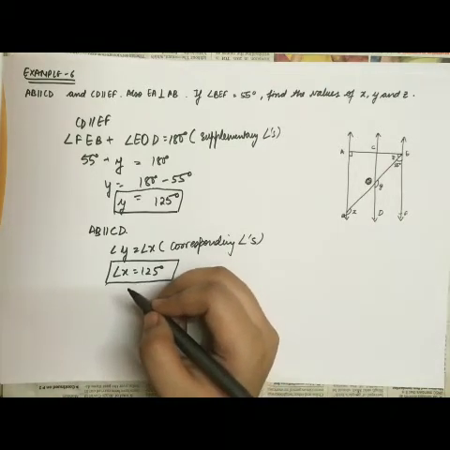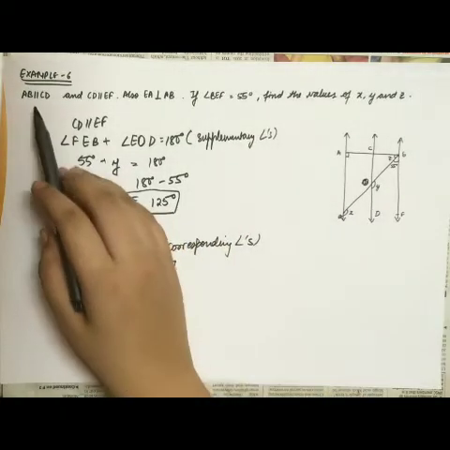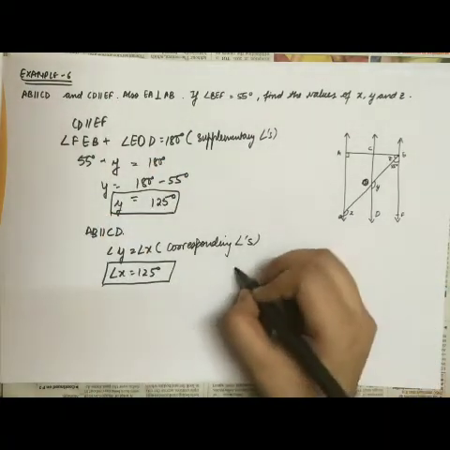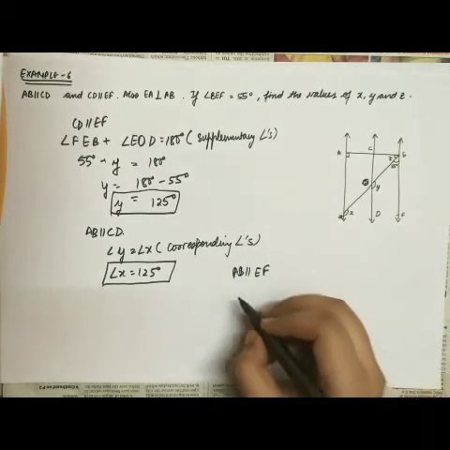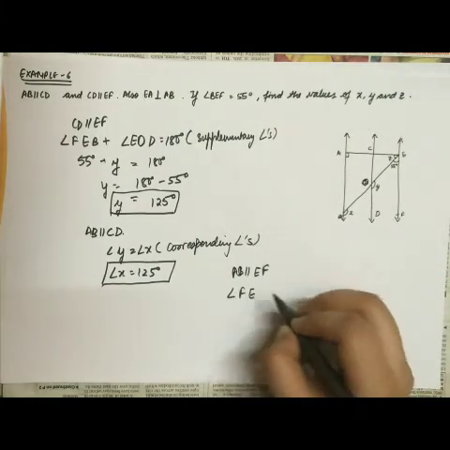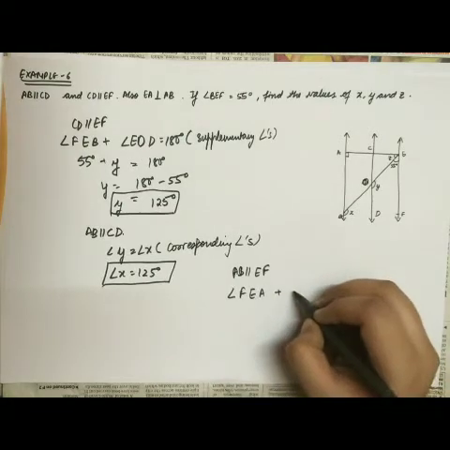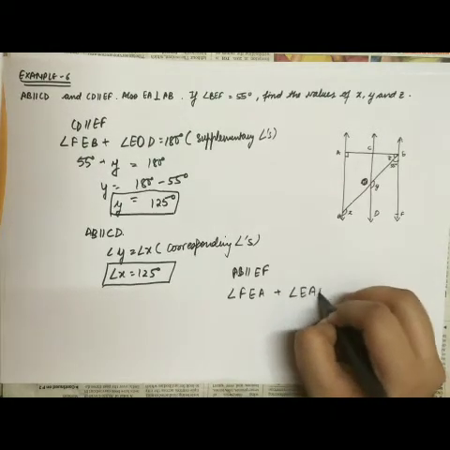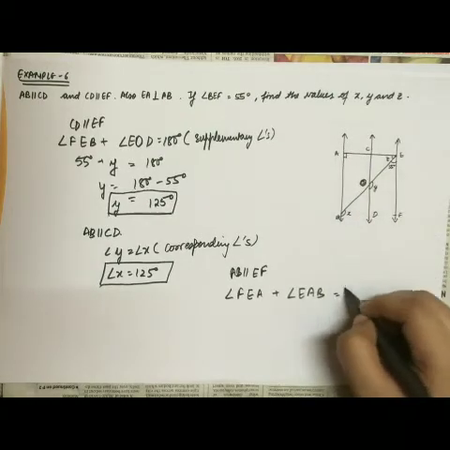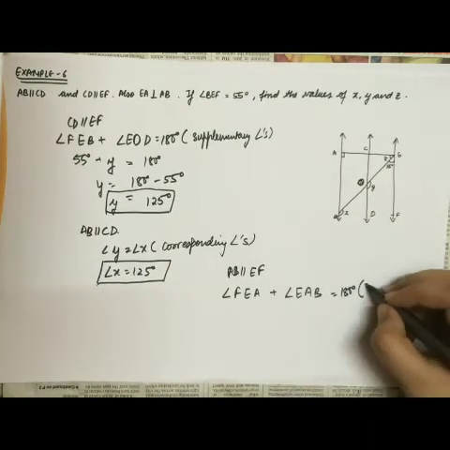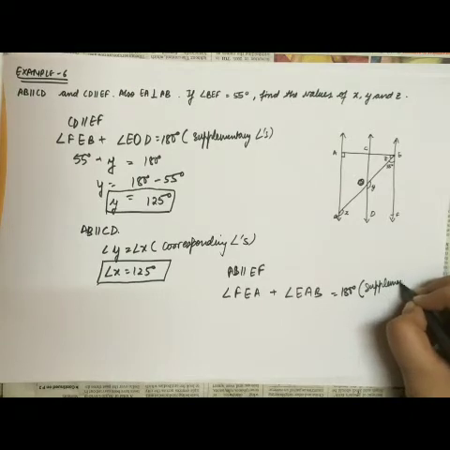In this, we can say that we have proved that AB is parallel to EF. Therefore, angle FEA plus angle EAB, this and this angle will be 180 degree. Supplementary angles on the same side of transversal.